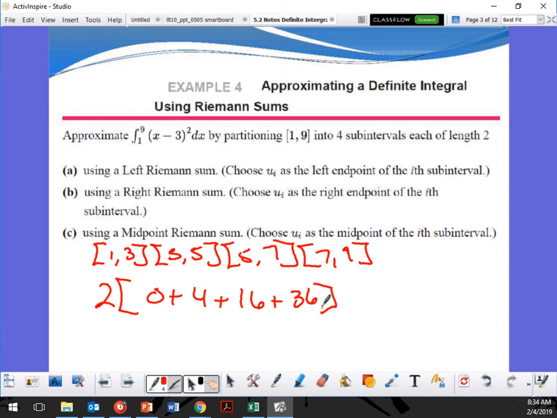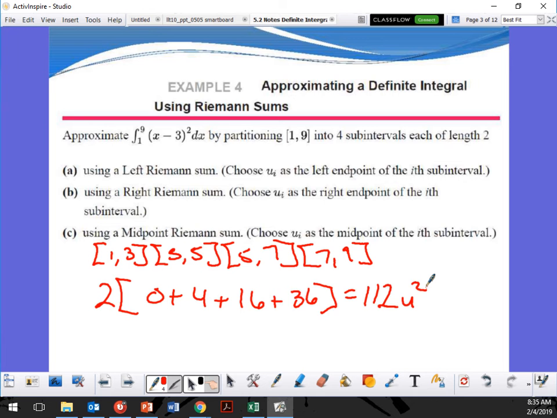So I add those together and I come up with 56 times 2, which is 112. Wow, that's a big difference between left hand and right hand, isn't it?